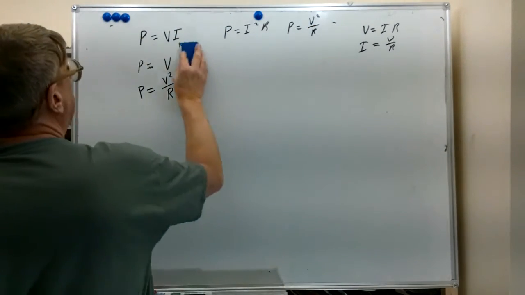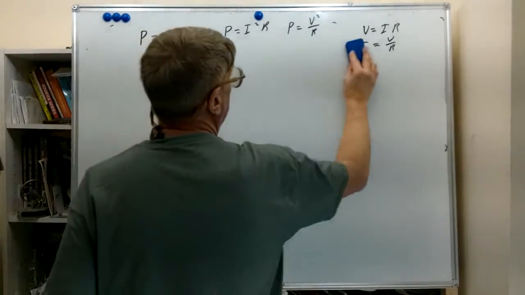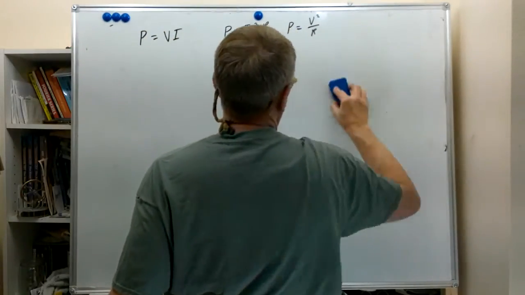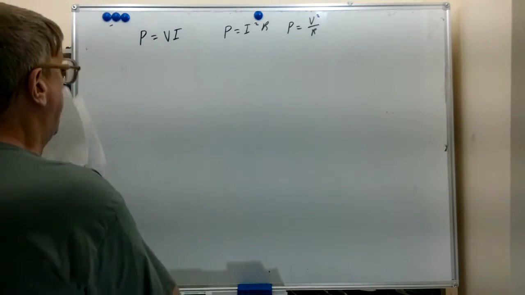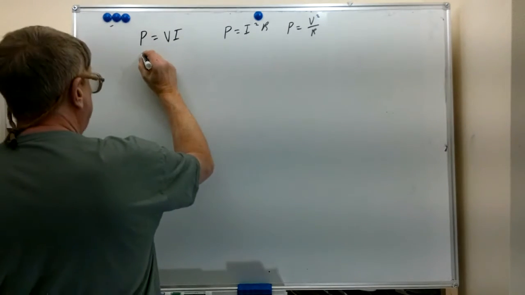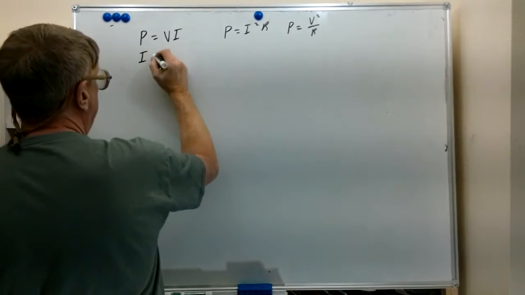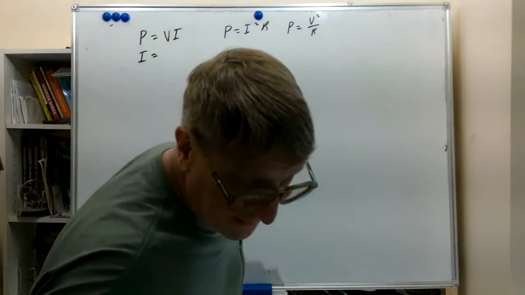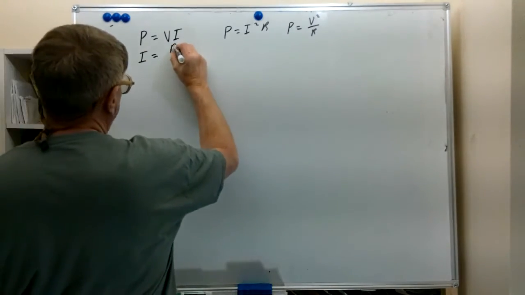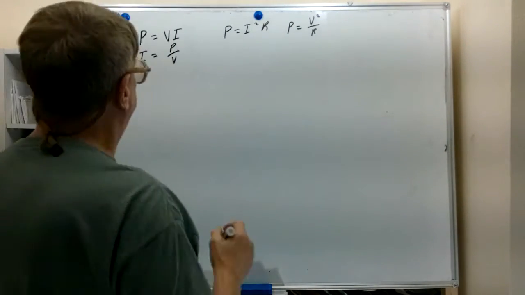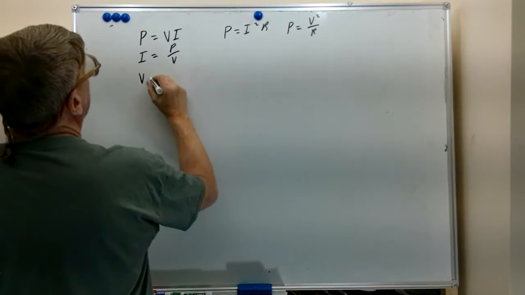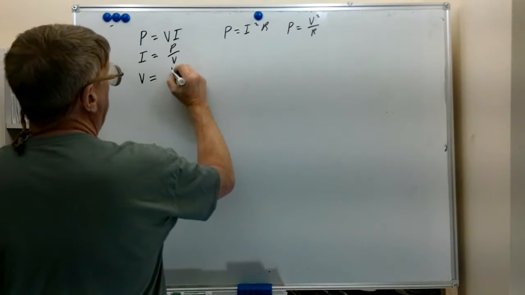So we have three different power formulas, and if we do the algebra and solve this one for I, we end up with I equals power over voltage. And if we solve it for voltage, we have voltage equals power over current.